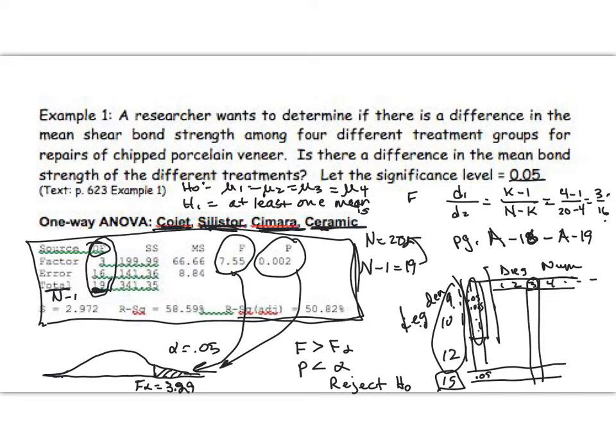And that's always the null and alternative hypothesis. At least one mean is different. So we would reject the null hypothesis in this case because our test statistic is in the critical region, and that would say that at least one of these ceramic treatments has a different mean than the others.